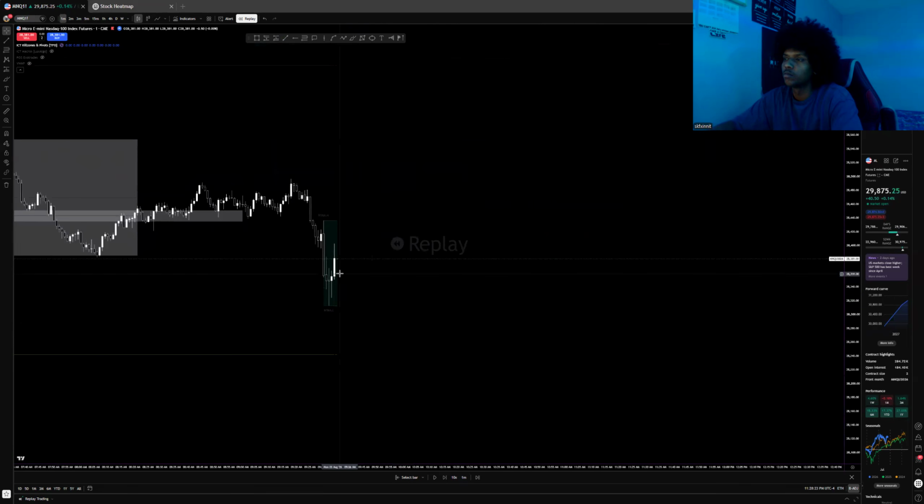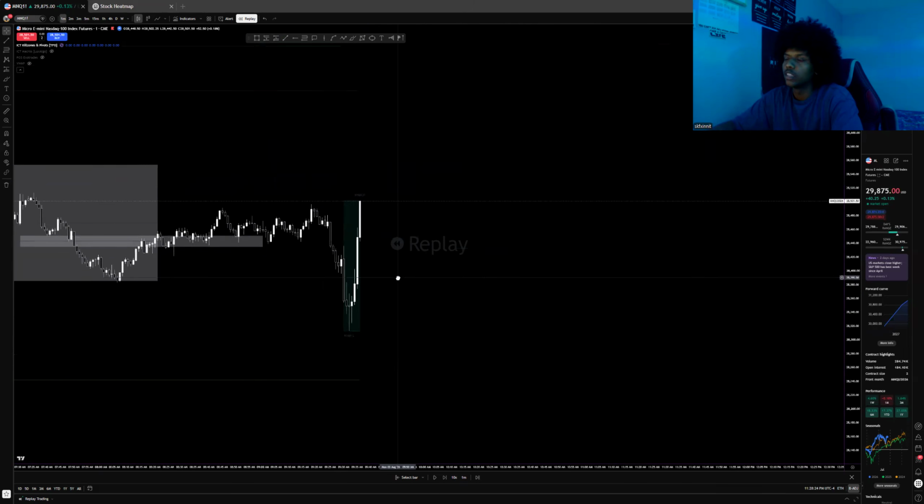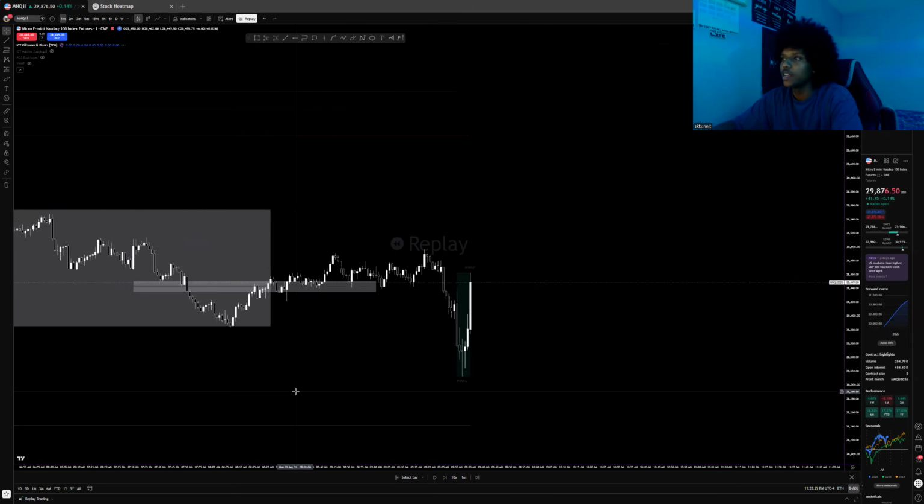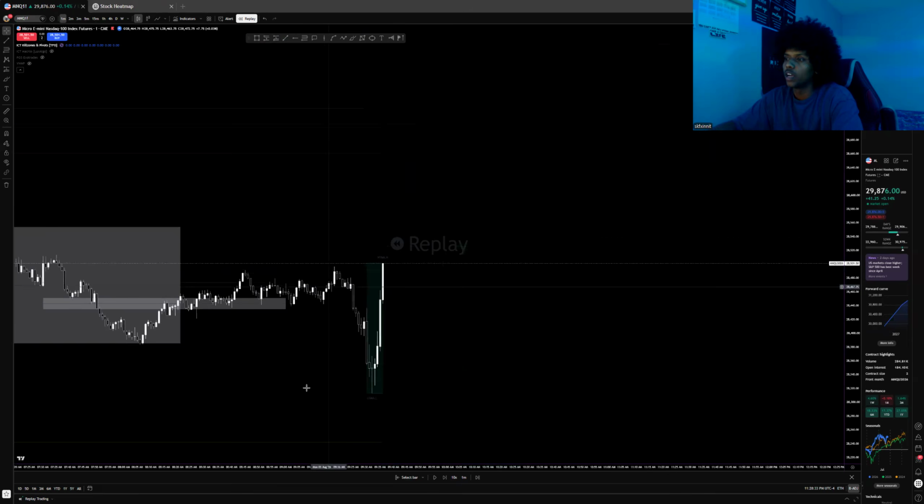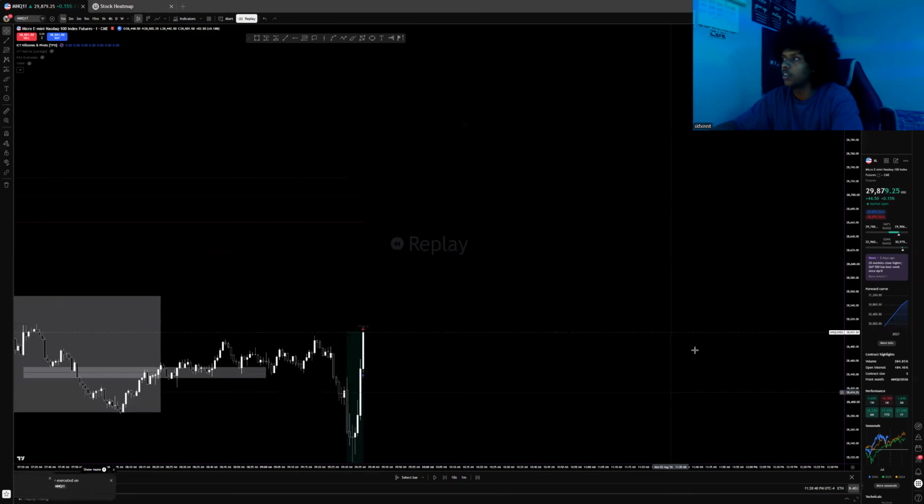Let's see, that alone tells us the price is gonna go up. Maybe I can actually wait for this inversion too. And once that happens, I'm gonna go for two contracts buy entry. And my stops are going to be below this fair value gap.